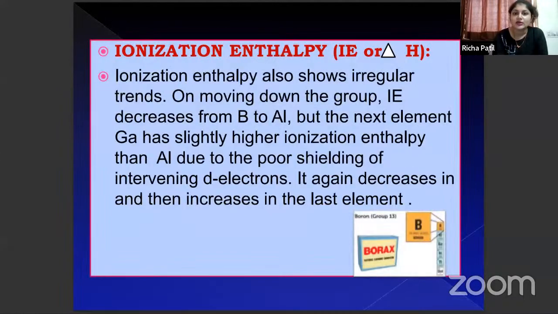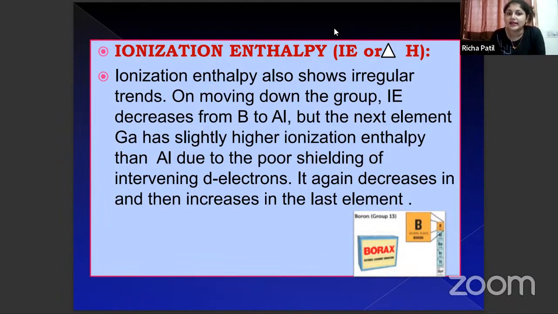What happens to ionization enthalpy? What do you mean by ionization enthalpy? Ionization enthalpy is the energy required to remove the outermost electron from an isolated gaseous atom. It shows irregular trends. Moving down, the ionization enthalpy decreases from boron to aluminium.